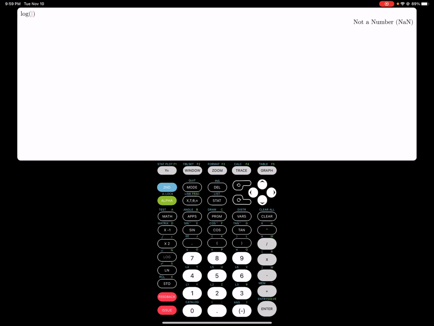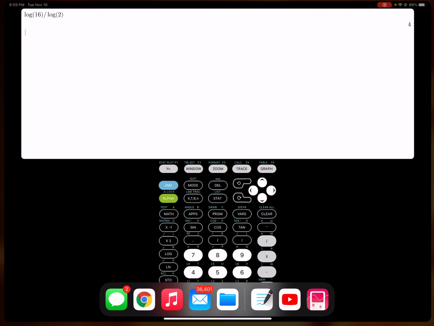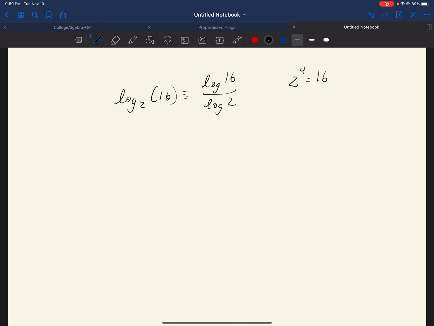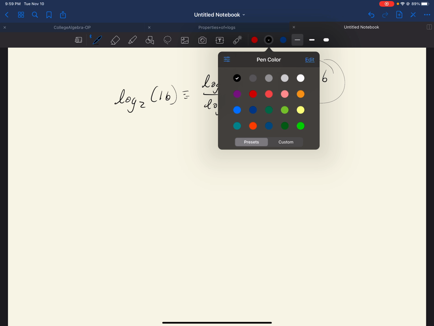I'm going to say log 10 of 16 in parentheses, so log of 16, and then divided by log of 2. If you look, that answer is 4. That's what we already said it was, because we knew 2 to the 4th would be 16.